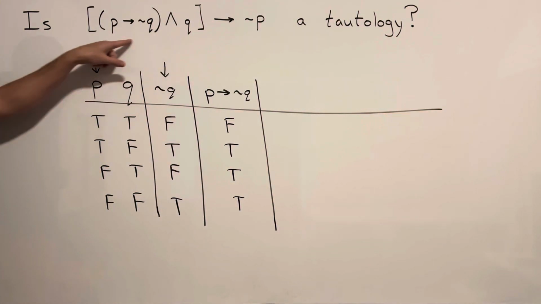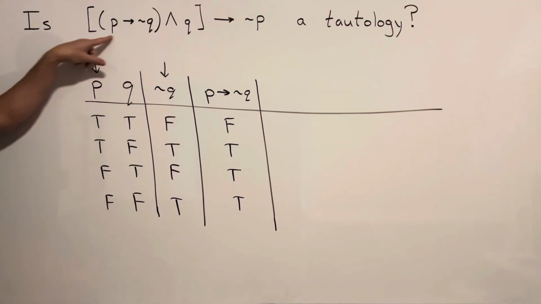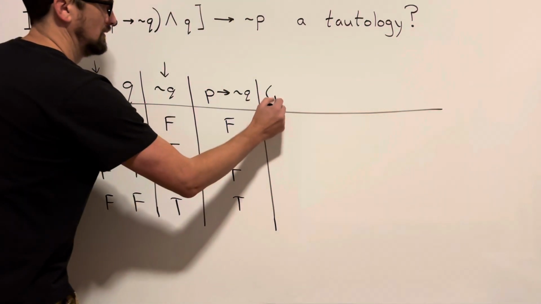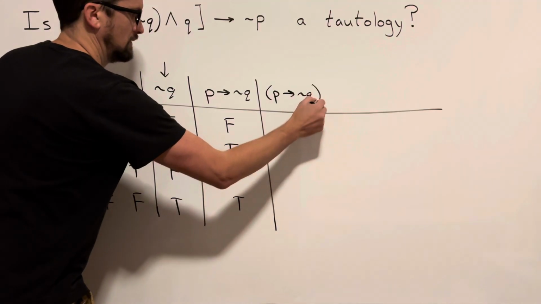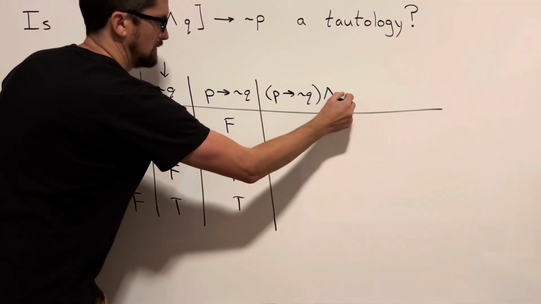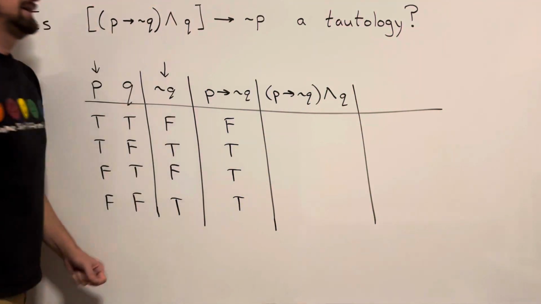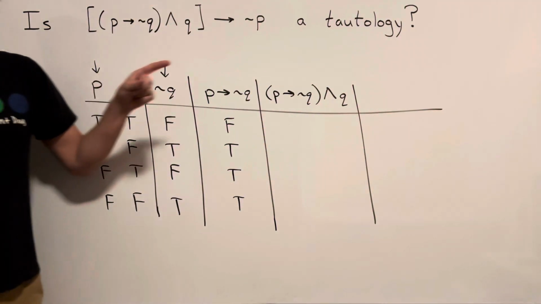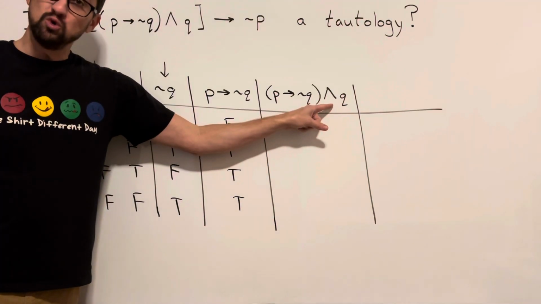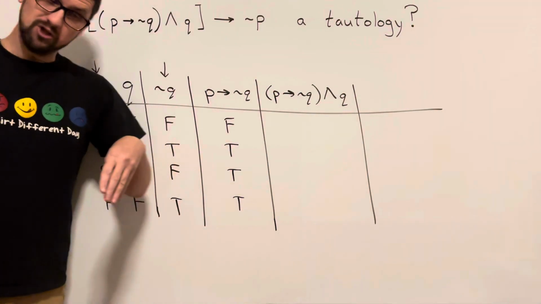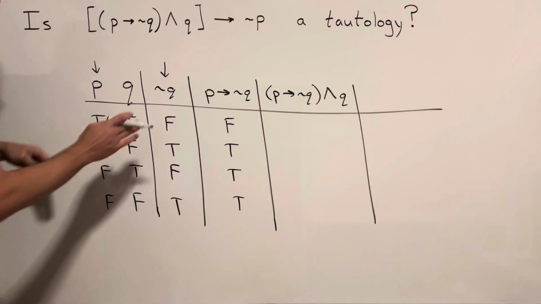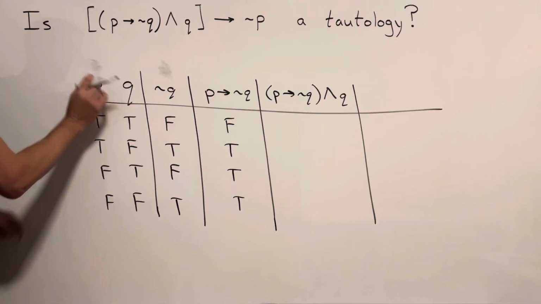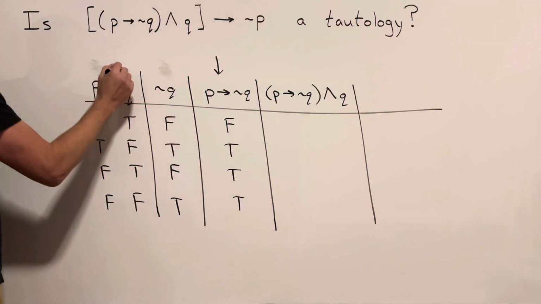All right, now I'm ready to do this whole piece here. It has the symbol for and. That one is only true if both columns are true. So I'm looking at these 2 columns now.